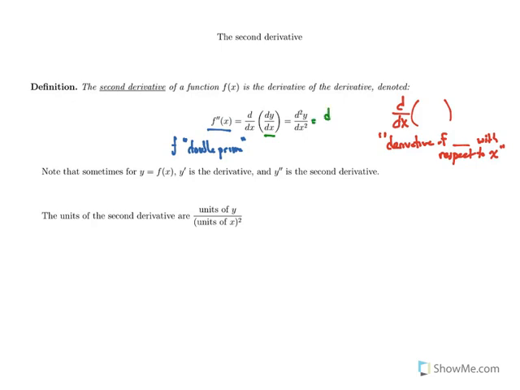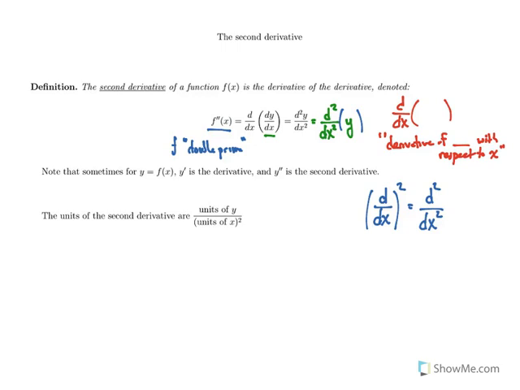So we can write this as d squared dx squared of y. And I think that's the best way to think about why is the squared in front of the d on the top, and why is it after the x on the bottom? It's because the operator that we have is d dx squared. So it's like we're taking the derivative twice, which we can write as d squared dx squared.